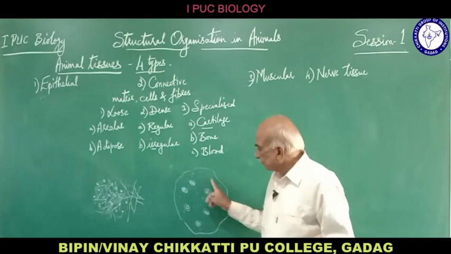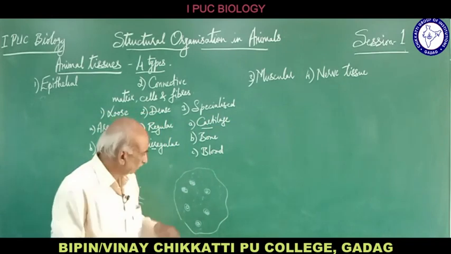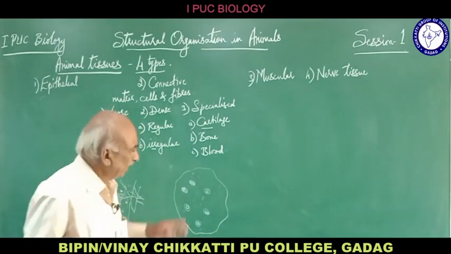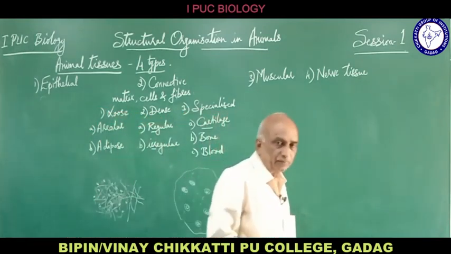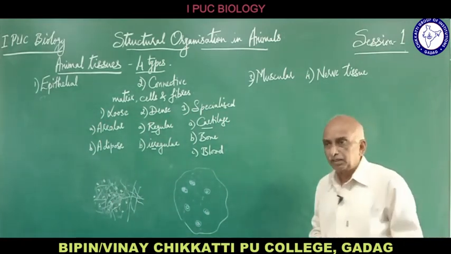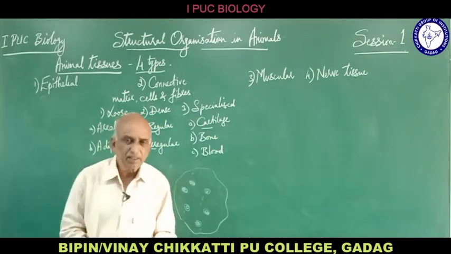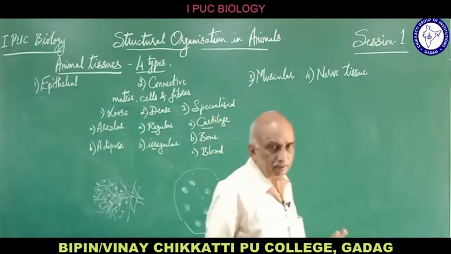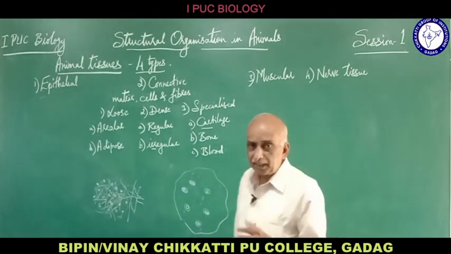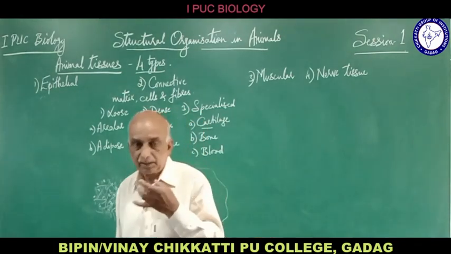So this matrix is made up of a protein, chondromucoprotein, and this is the characteristic of cartilage. Now, when we go into further detail, there are different types of cartilage: elastic cartilage, hyaline cartilage, fibrous cartilage. Whatever it is, in general, cartilage is present at the tip of the nose, in the ear lobe, and in the trachea.